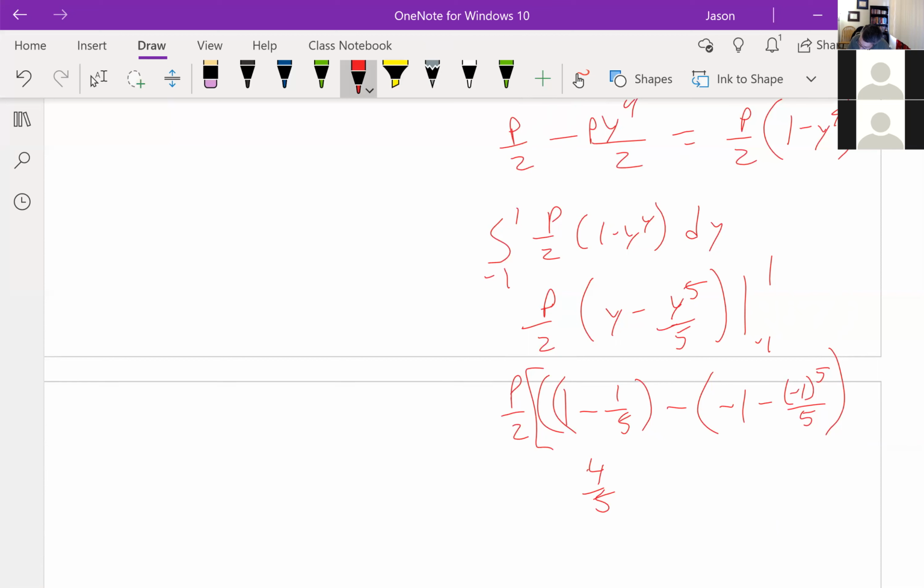This is going to be negative 1 minus negative 1 over 5, so that's negative 1 plus 1/5. So we've got rho over 2, 4/5 minus negative 1 plus, this is going to be positive 4/5 again.